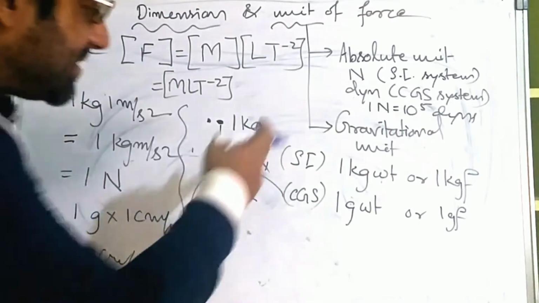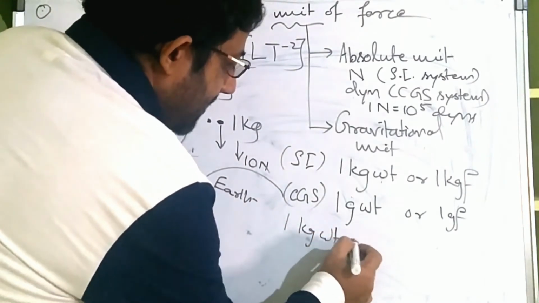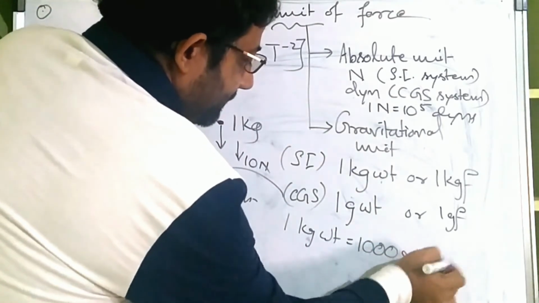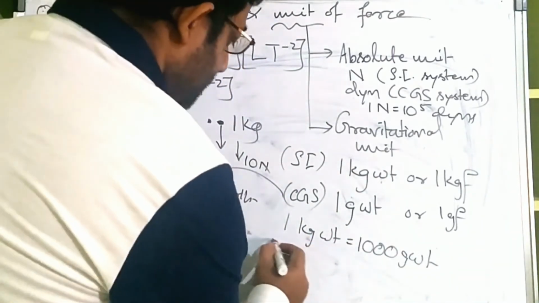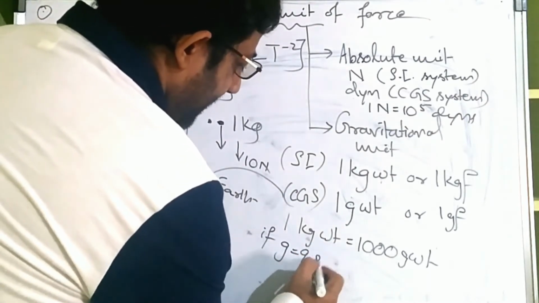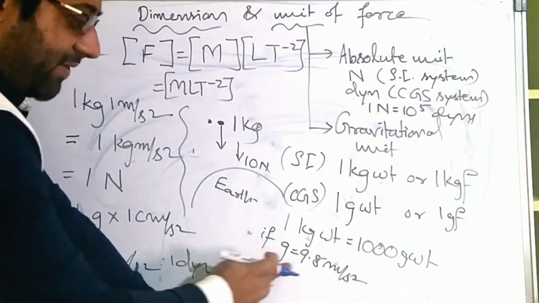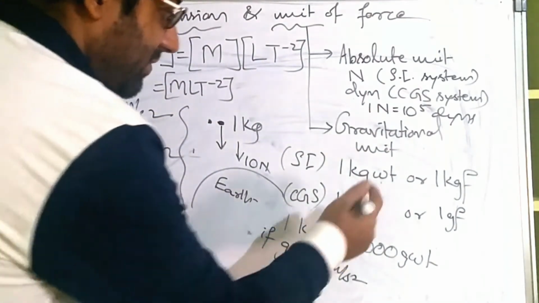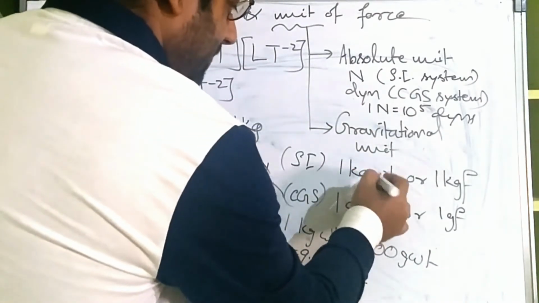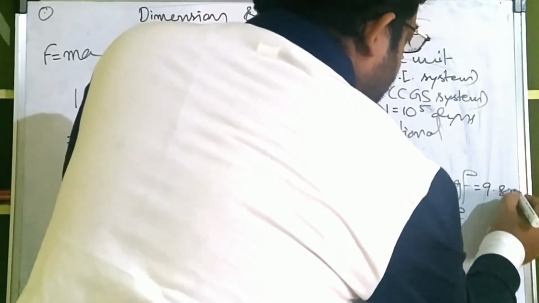Now again, what's the relationship between them? 1 kg weight is equal to 1000 gram weight, right? So if we assume g is equal to 9.8 meter per second square, 1 kg weight is equal to how much? 1 kg multiplied by 9.8, so it is 9.8 Newton.